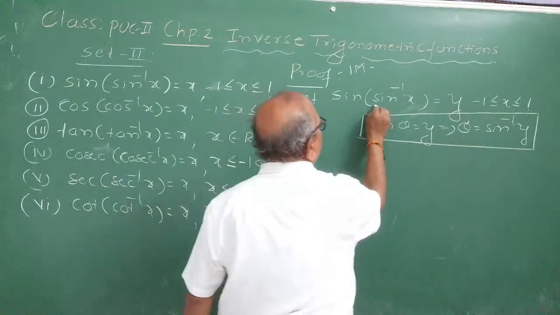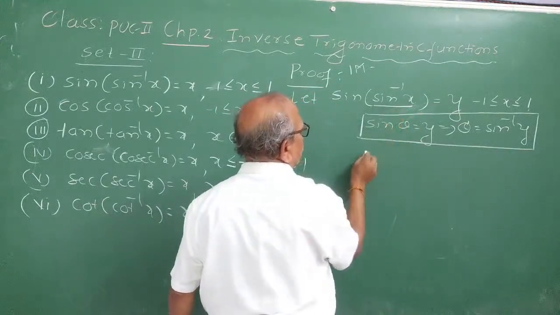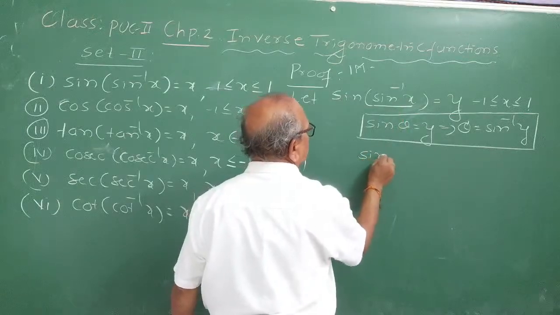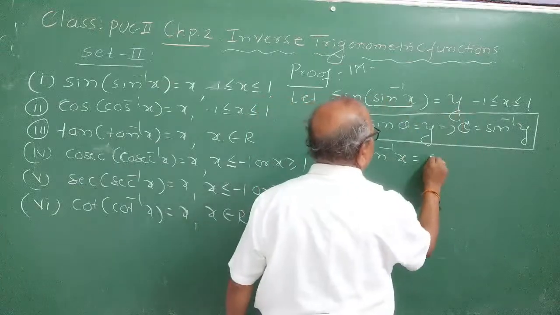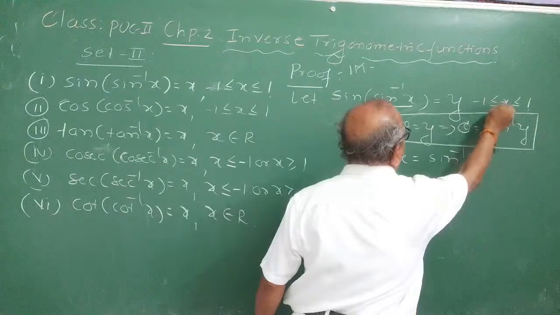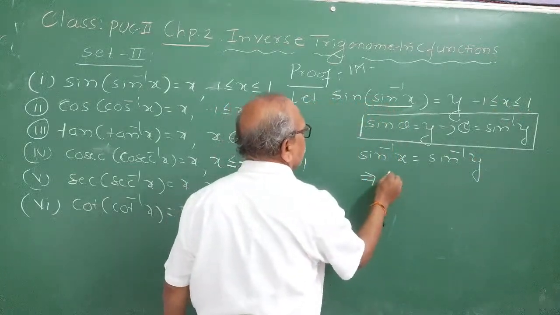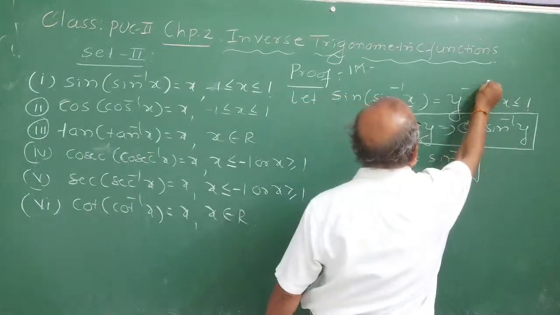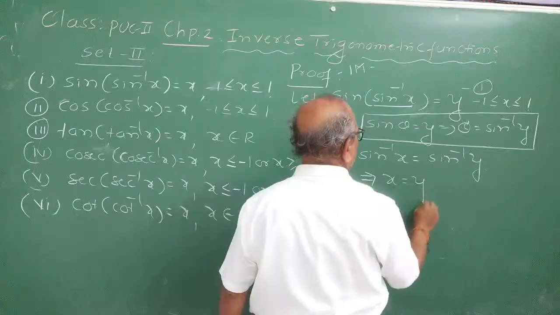Now, sine inverse x is in the place of theta. Now I can write it as sine inverse x is equal to sine inverse y. The inverse exists when the value of x lies between minus 1 and plus 1. That implies, call it equation 1, that x is equal to y.